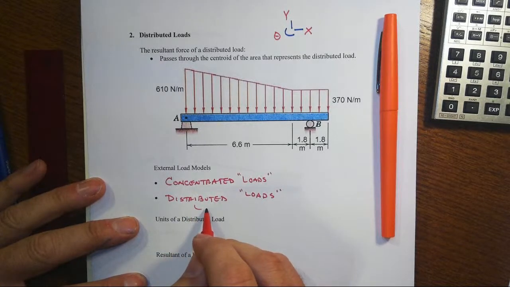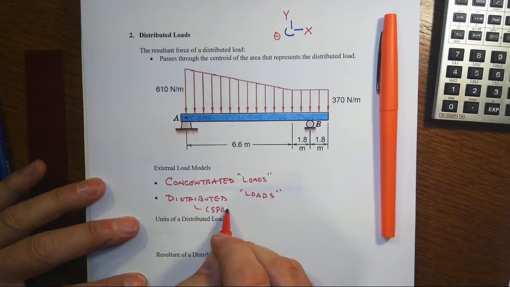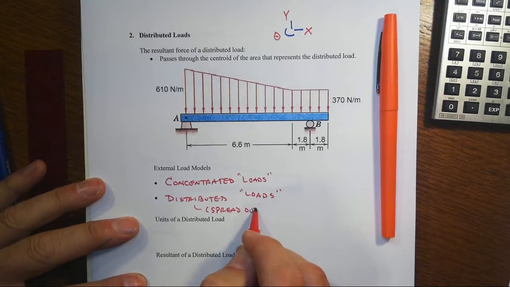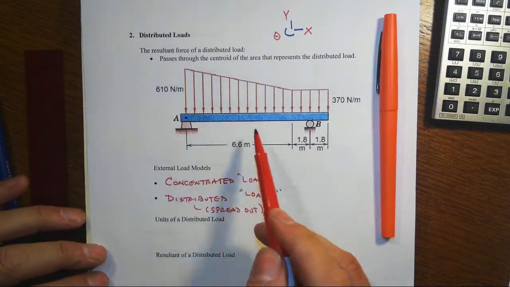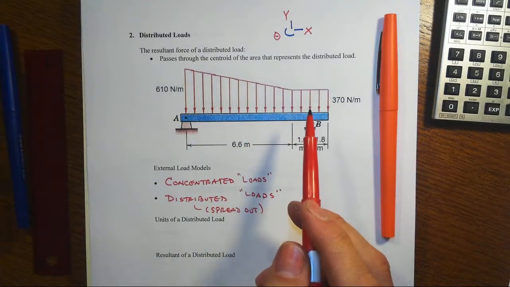Distributed is just a fancy way of saying spread out. What you have up here is a representation of actually both.